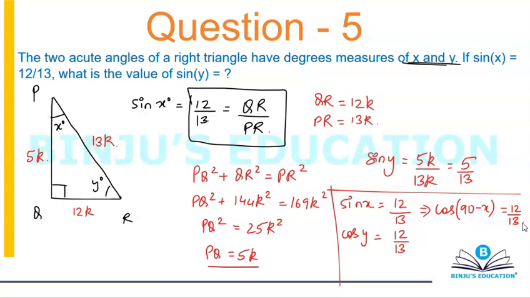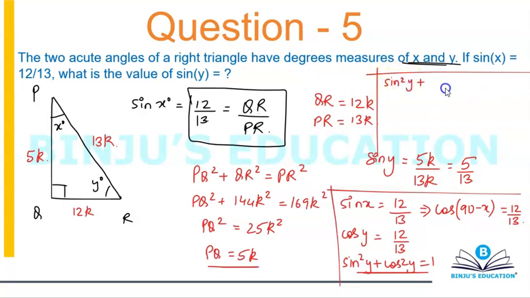Okay. Now we know that sine square y plus cos square y is equal to 1. This is the property you remember, right? So sine square y plus cos square y is equal to 1. So in place of cos y, you can put 12 by 13. And then also you can answer the question. So let me do that calculation here. So this becomes sine square y plus 12 by 13 square.